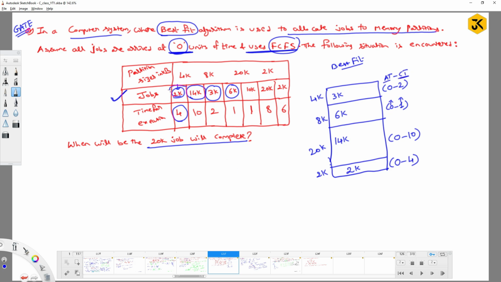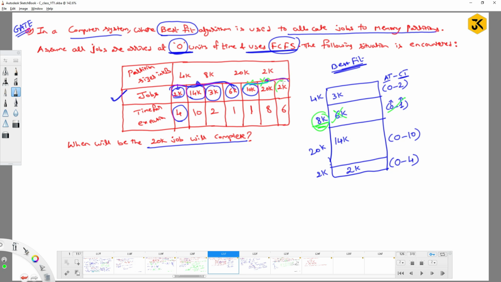So far we have completed 4 jobs and allocated them according to the best fit algorithm. Now we need to satisfy the remaining requests. Next is 10k. After 1 unit of time, 6k is going to be free. Is there any process that can be executed here? 10k and 20k are not possible because there is not enough space here.